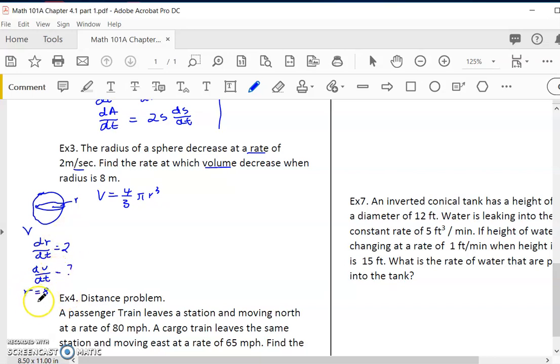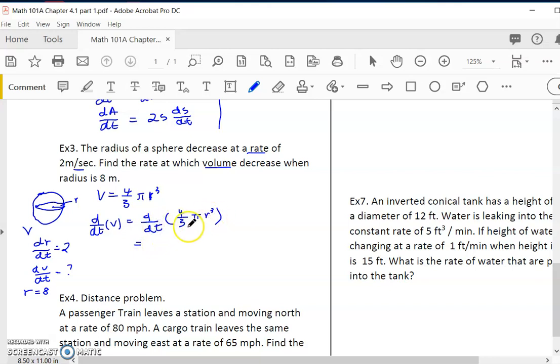When we have the equation, we'll use this. This is static, or in general when it is changing. So we would need to relate dv/dt with dr/dt. So do d/dt on both sides. d/dt of v, and then d/dt of 4/3 pi r cubed. 4/3 pi are just constants, so we can move them out.